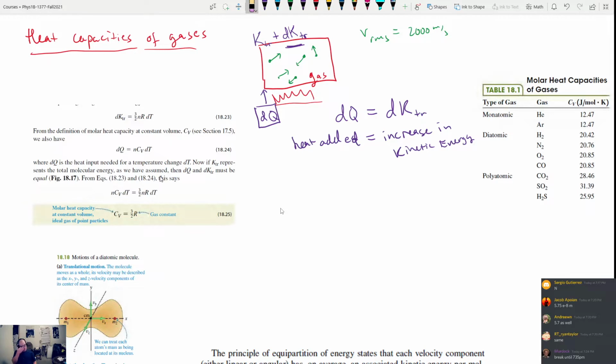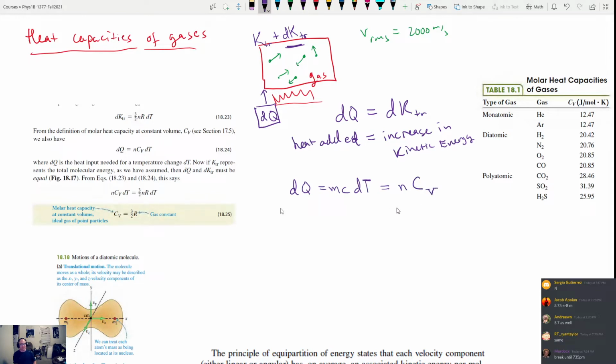Okay, so given that, we can now think about what each of these terms is going to be. One way we can think about the amount of heat that we're adding into this system is by using our mc delta T equation, right? But we have an equivalent version of this where we replace the mass with the number of moles, and we replace c with the specific heat at constant volume.